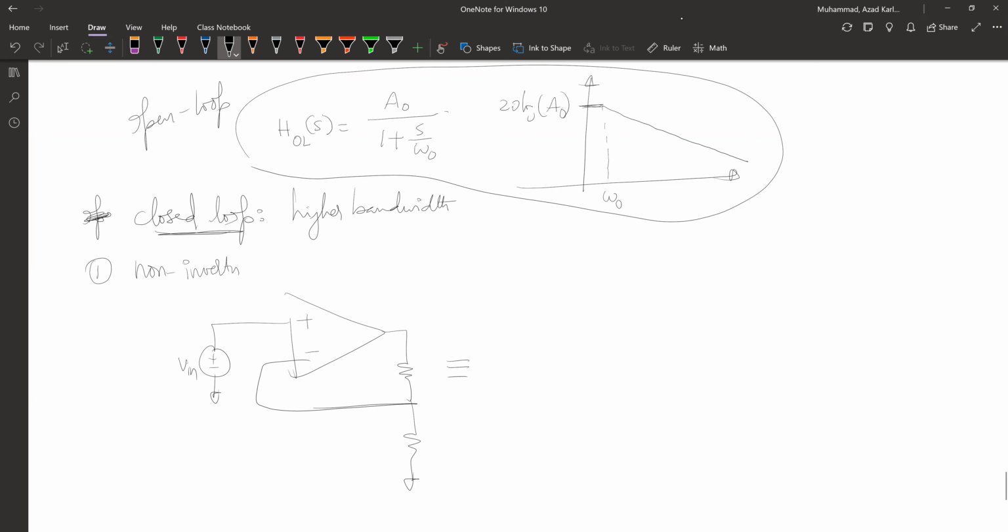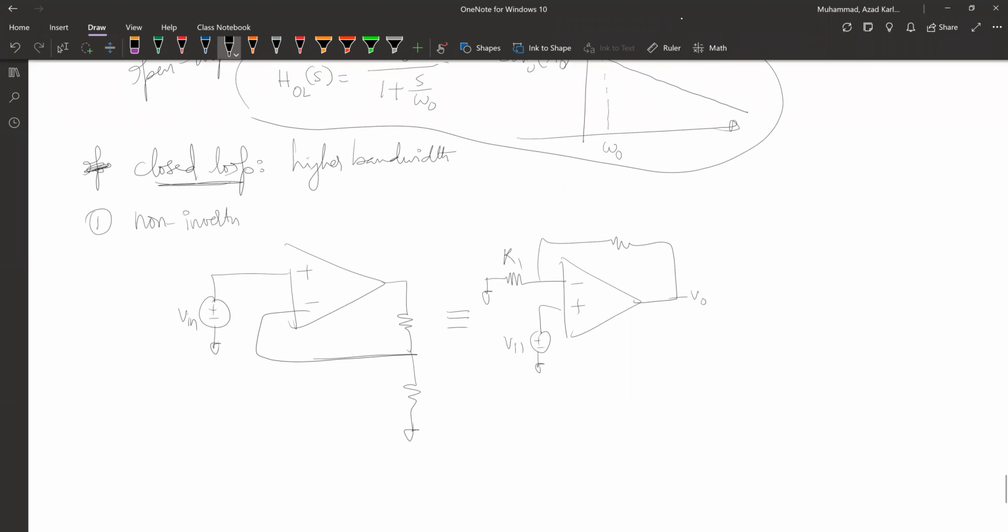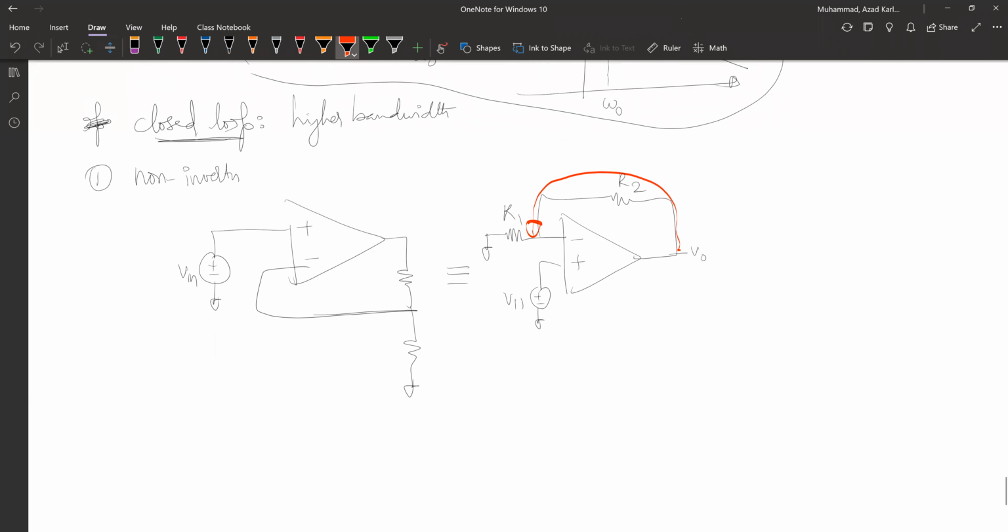Or if I redraw it the way the lab or the course shows you, both are the same thing, just redrawn in a different fashion. Let's call this R1, and this R2. Let's see what advantage this circuit brings. This is no longer open loop because we actually have a feedback, coming back from the output to the inputs, right?